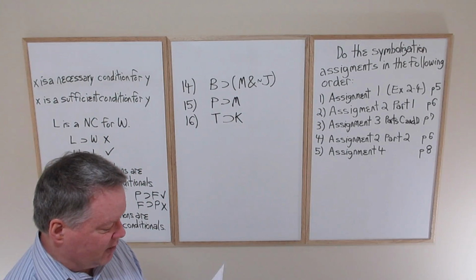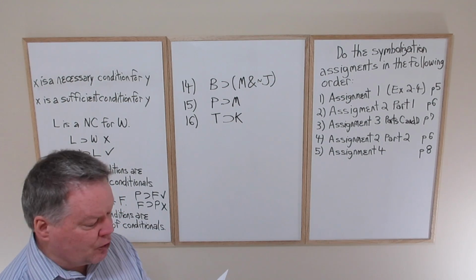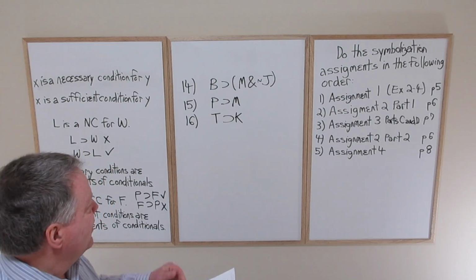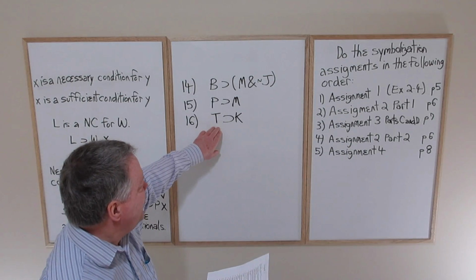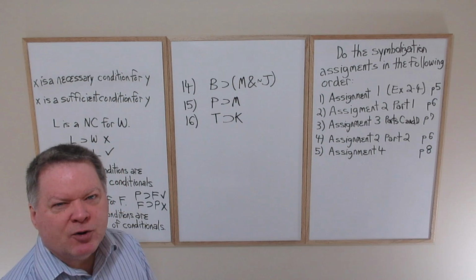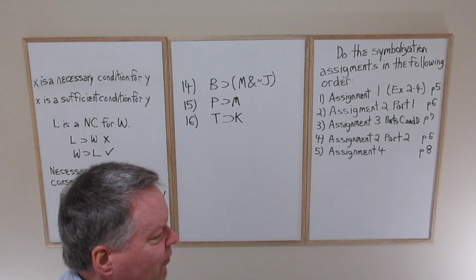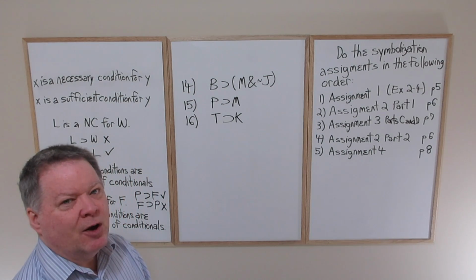So the English sentence just tells us if he is on the team, then Kareem must be tall. It doesn't say if he is tall, then he must be on the team.